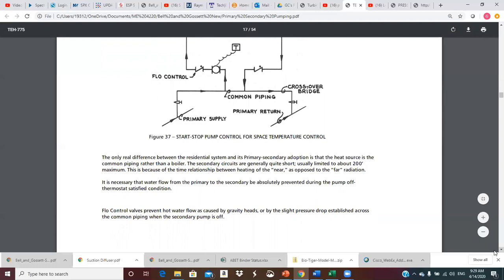It's necessary that water flow from the primary to the secondary be absolutely prevented during the pump-off, thermostat-satisfied condition.